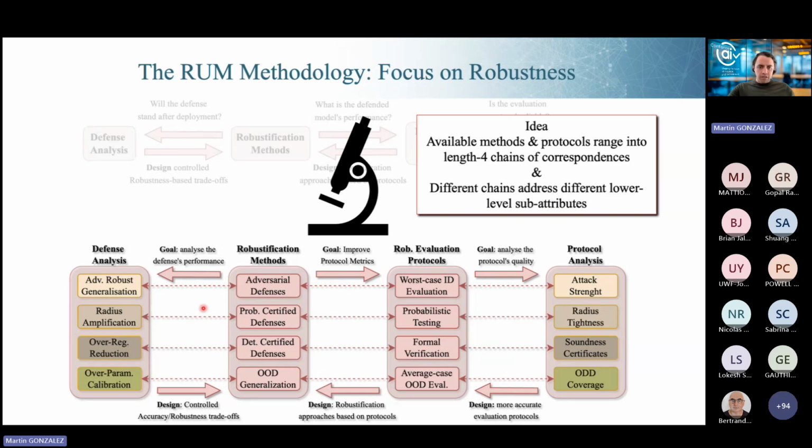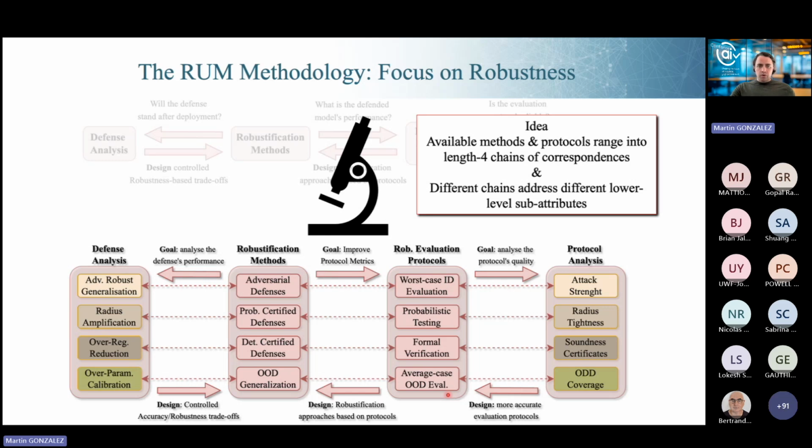So, for example, we were talking about adversarial robustness. I'm going to get into the details on it just in a moment. But you will have actually different sub-attributes, all of them being inside the umbrella of robustness. And I'm going to spend more or less 20 minutes right now trying to explain to you why these sub-attributes matter and why we needed to address them in a separate and delicate manner.